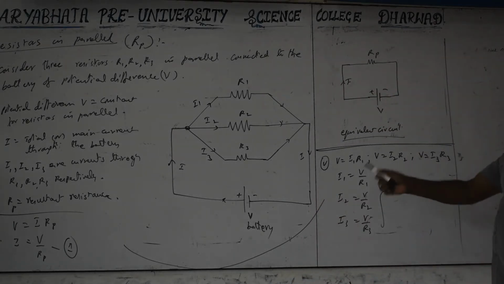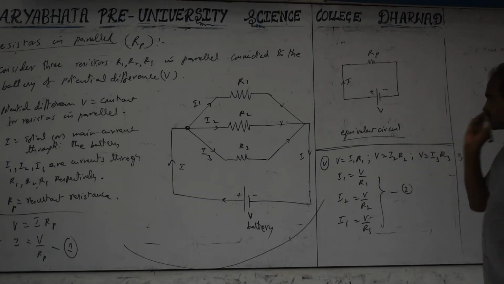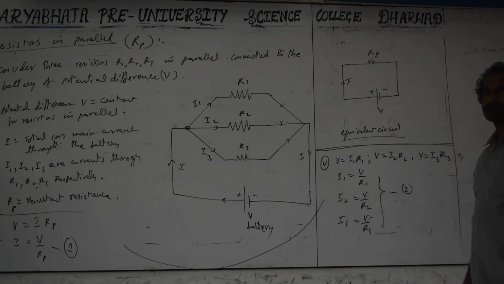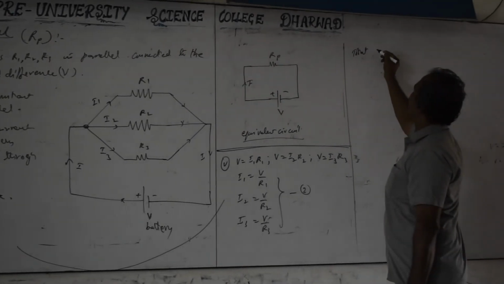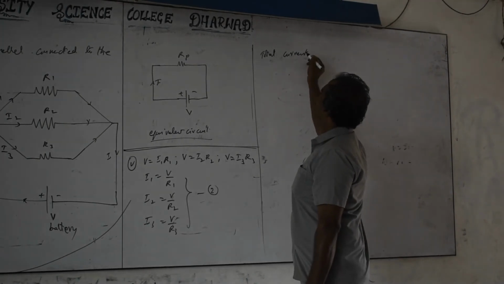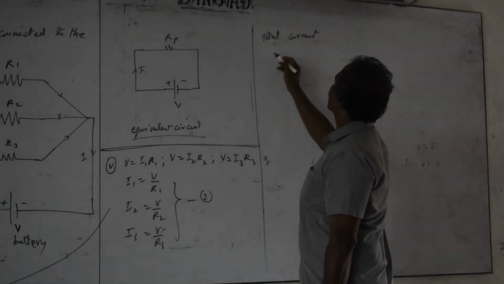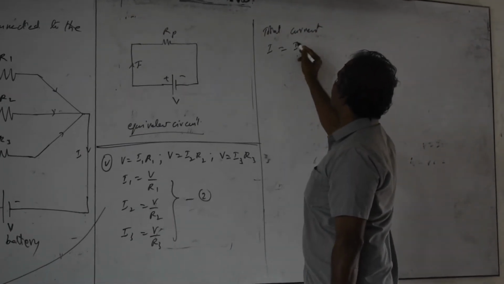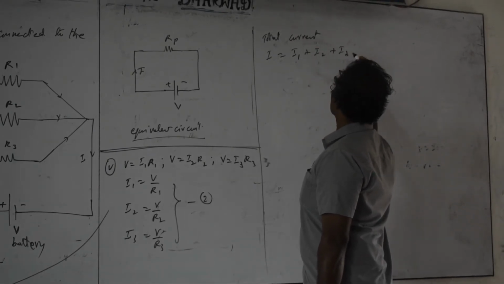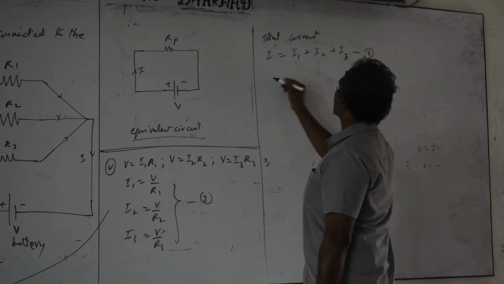Total current, I is equal to I1 plus I2 plus I3. This is equation number 3.